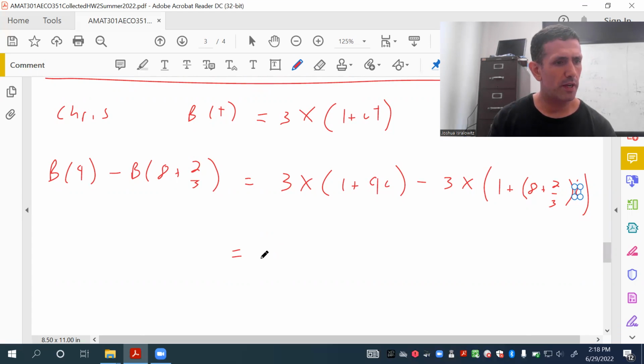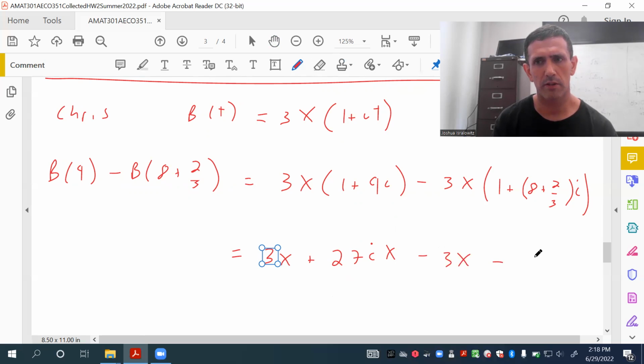So you simplify everything, and this becomes just IX. The 3X's cancel. Sorry, 27I minus 26I. I'll just write it out. 3X, distribute this, 3X plus 27IX, minus 3X, minus 26IX. So it's just IX. Okay.